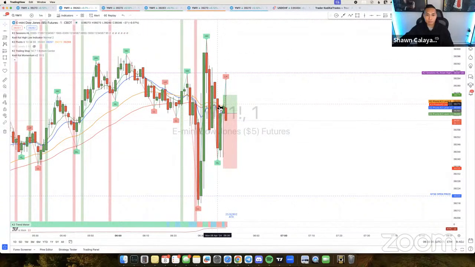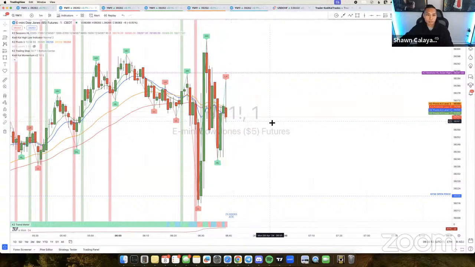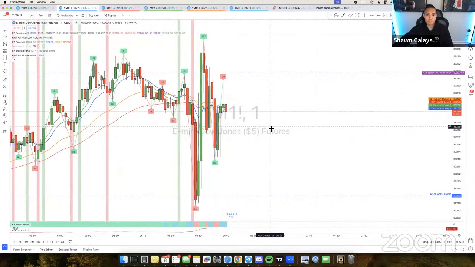Price came down, and this is an example of no double body, double wick. It's just a low with the red candle, followed by a green candle which was a little bit smaller, and then that would be the entry right there. But for me, I'm looking for the trend. I'm looking for something very high quality, very high probability, so that I don't get caught on the wrong side of the market.